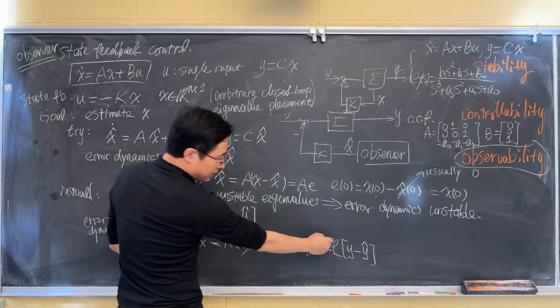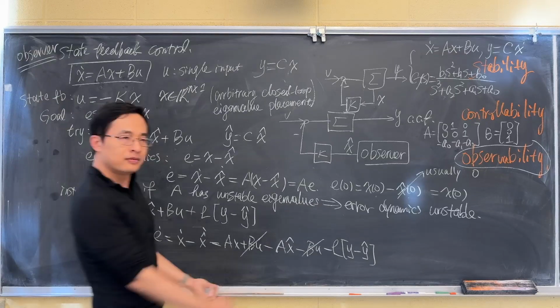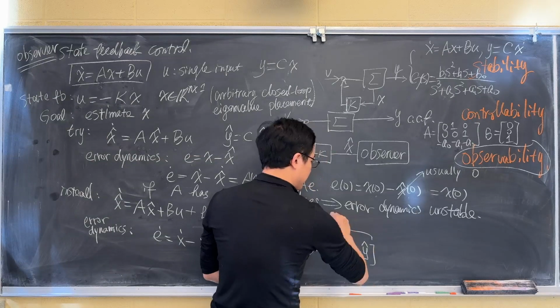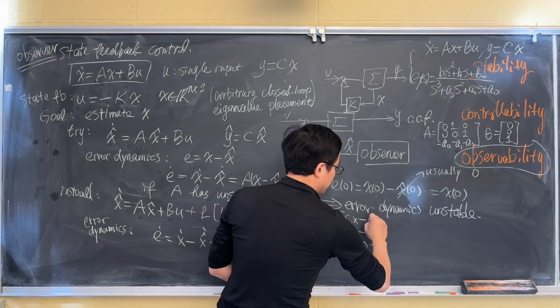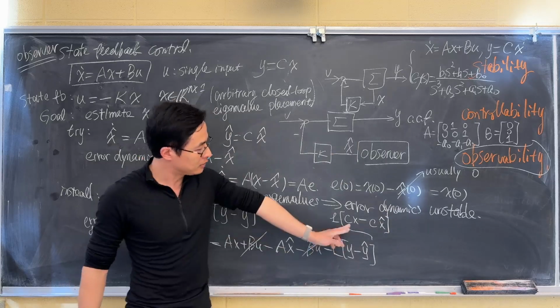Things cancel out for the input term. And then for here, we have the output is L times Cx minus Cx hat. That's how the output relates to the state.